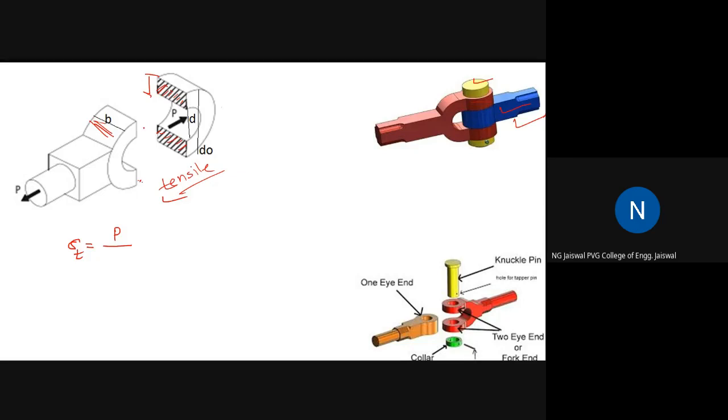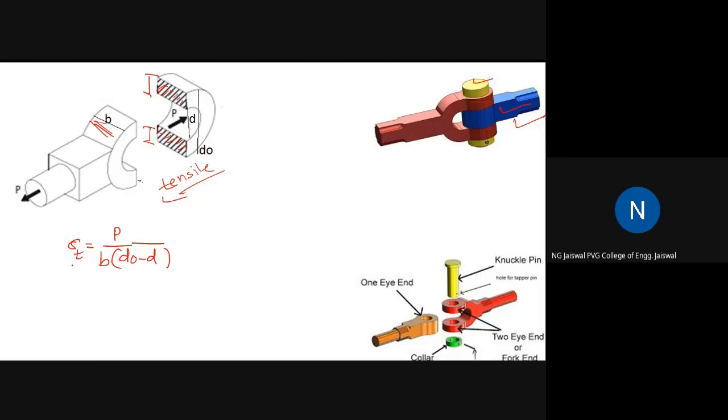And if I add this length also, it becomes DO minus D. This is one dimension of the rectangle. The other dimension is B. So that can be the area of failure. So your equation is sigma T is equal to P upon B into DO minus D.